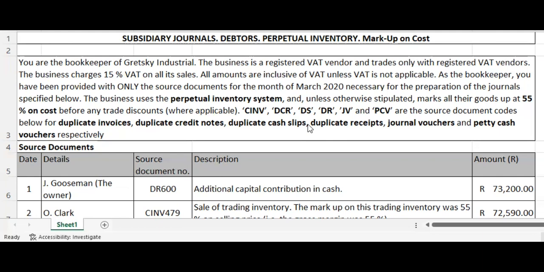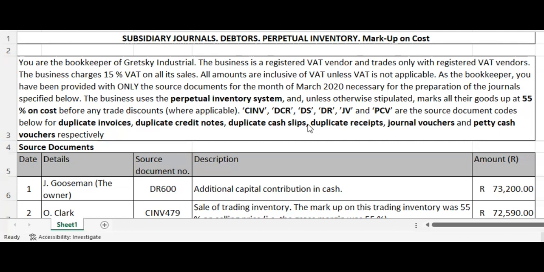And then they say to you that CINV, DCR, CDS, DR, JV, and PCV are the source document codes. So when you see CINV anywhere before a source document number, you know that that is a duplicate invoice.